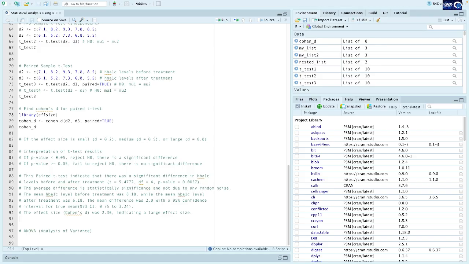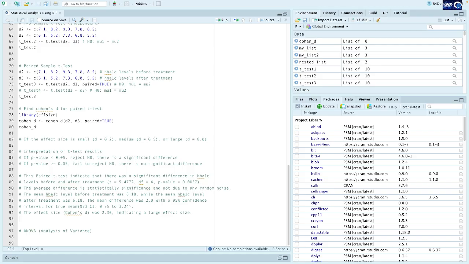Most of the time people fail to answer this question. The core idea is that means are actually compared indirectly by comparing the variance.